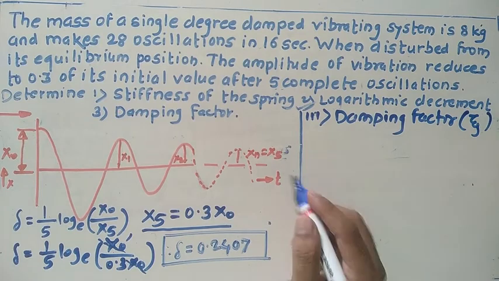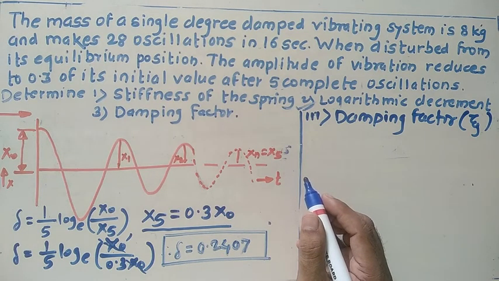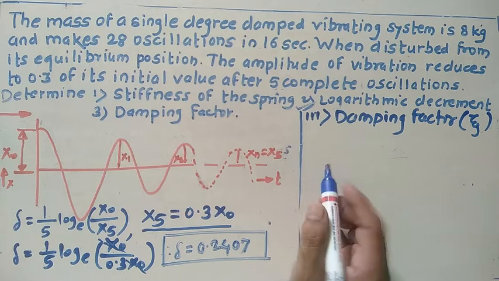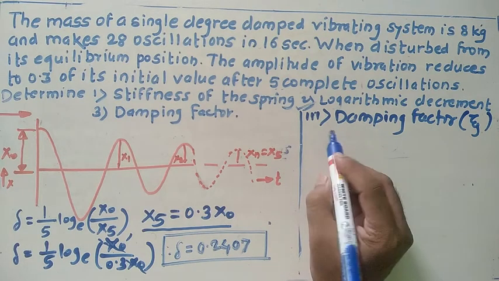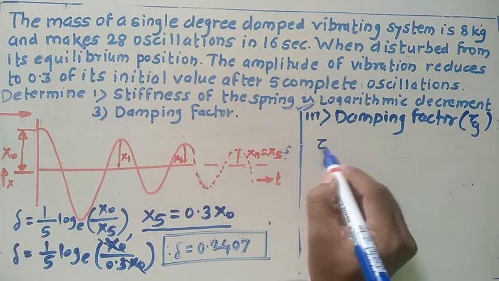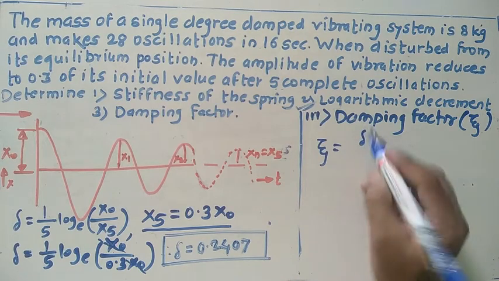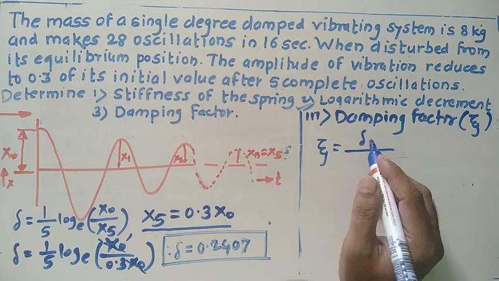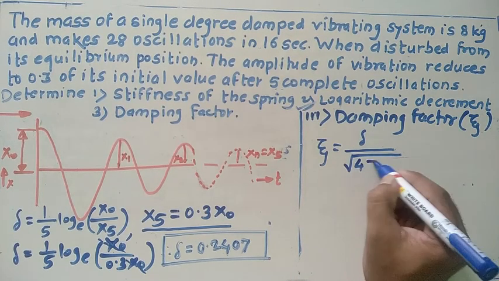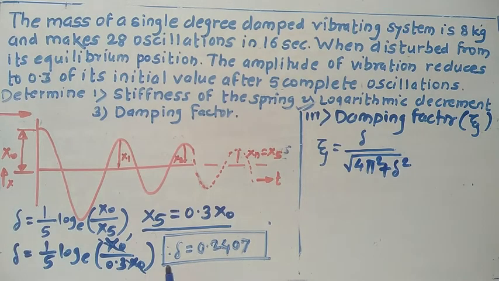I have already seen this relation during the discussion of the significance of logarithmic decrement, in that small experimentation discussion, the relation between zeta and delta: zeta equals delta divided by square root of 4 pi square plus delta square.